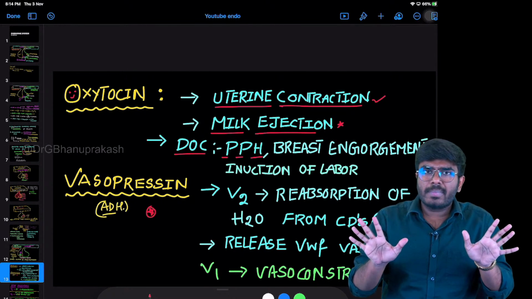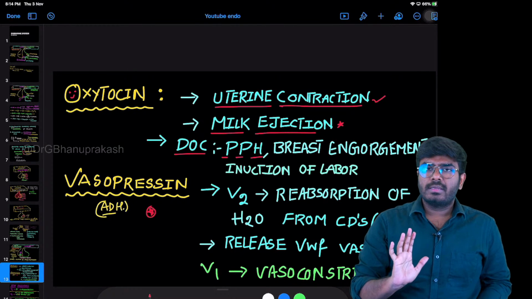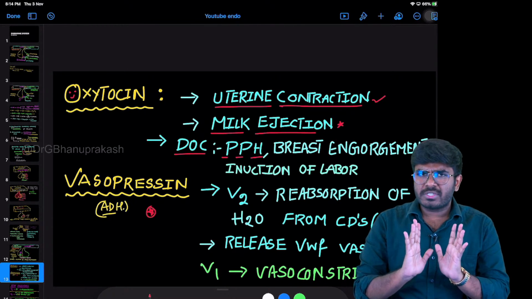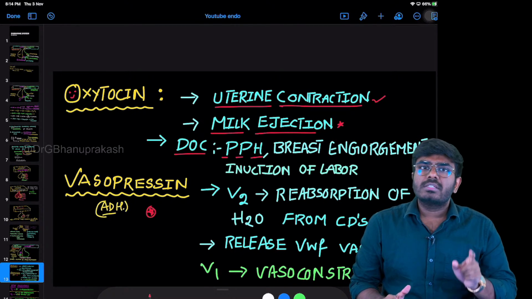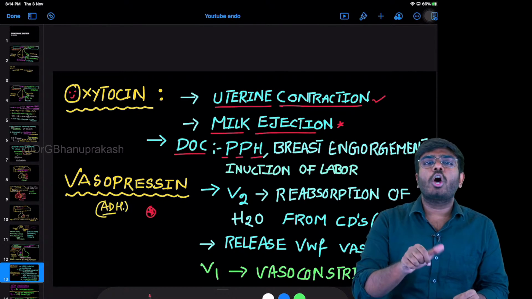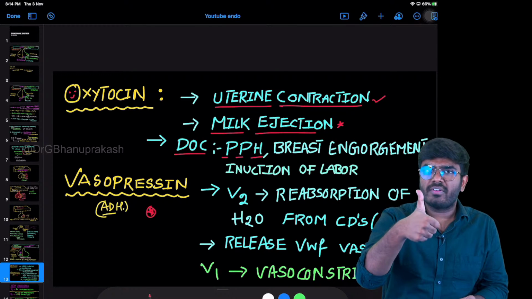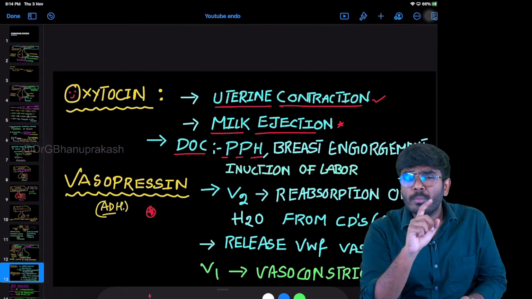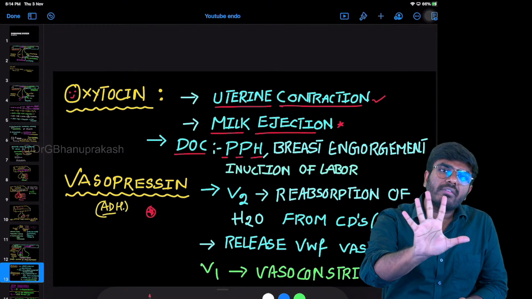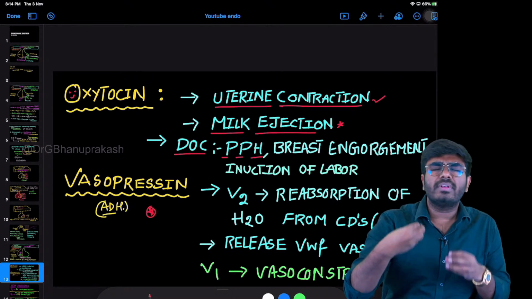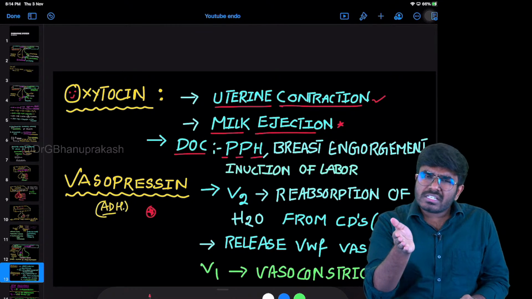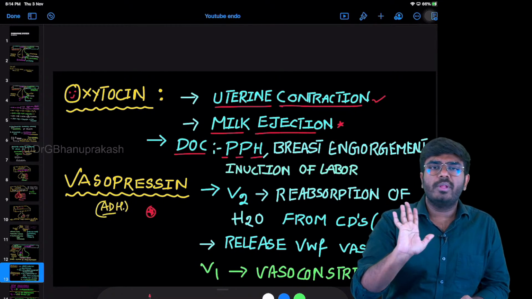Just a brief idea. Even if you are first year students or exam going batches, I'm just asking you what exactly is postpartum hemorrhage. Normally during vaginal delivery, a female is delivering. Delivery is happening normally, normal vaginal delivery, NVD. Now my question is, how much will be the blood loss? During normal vaginal delivery, about 500 ml of blood will be lost from the female body, usually 500 ml or less.